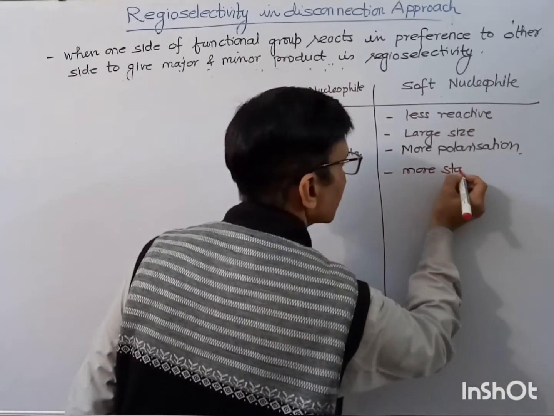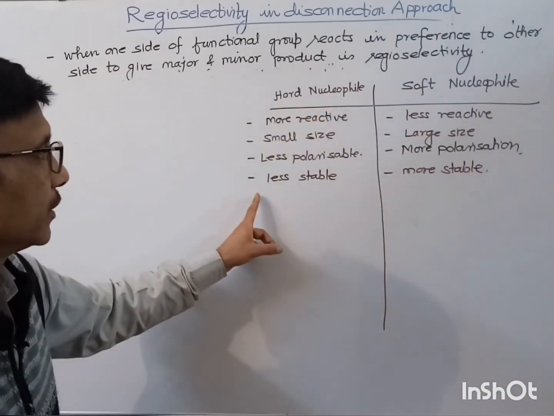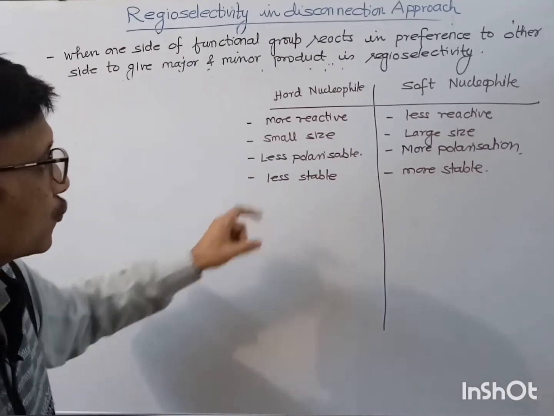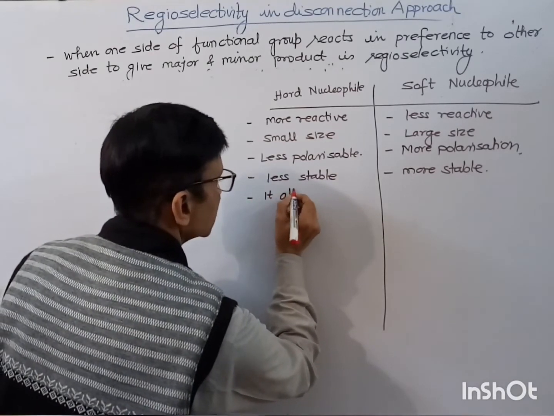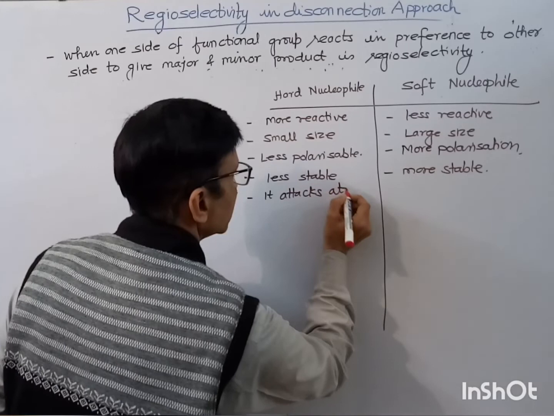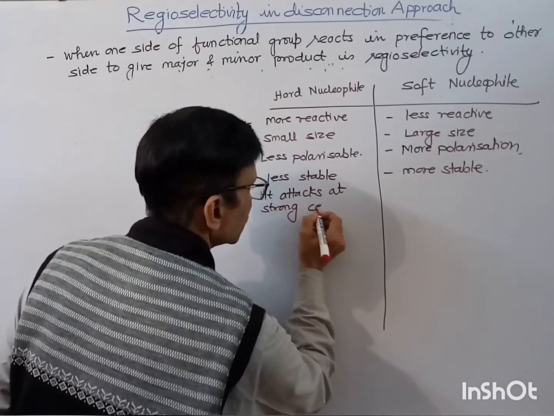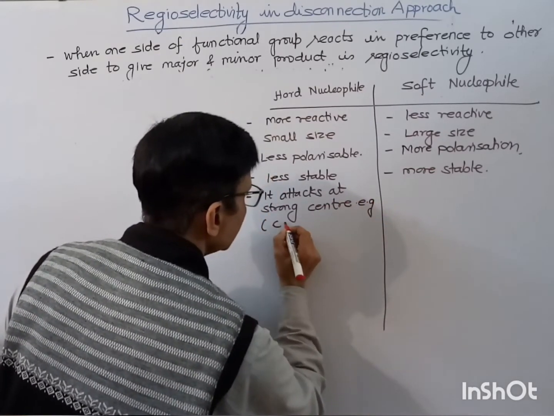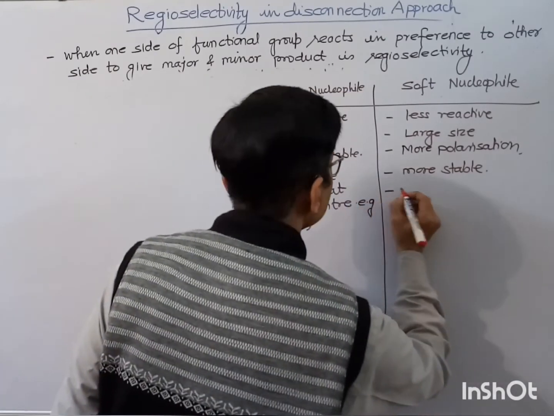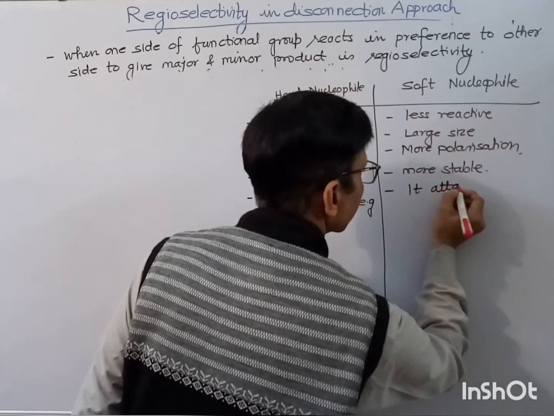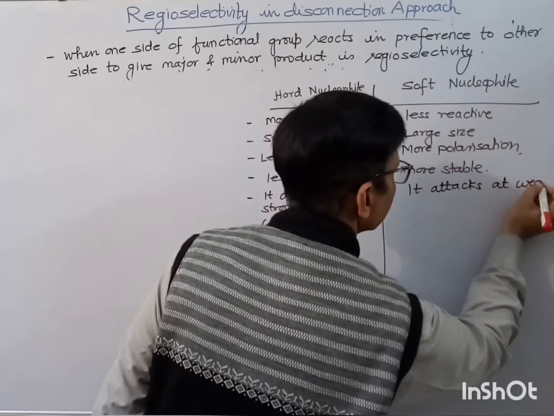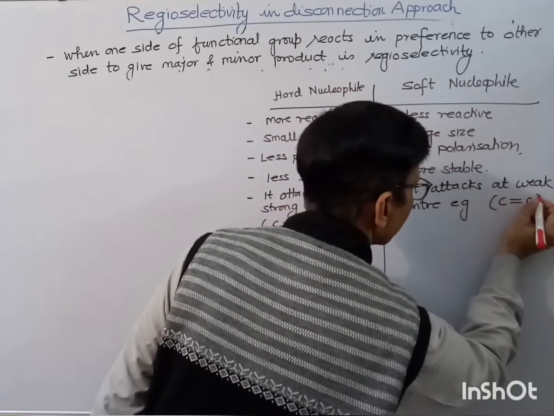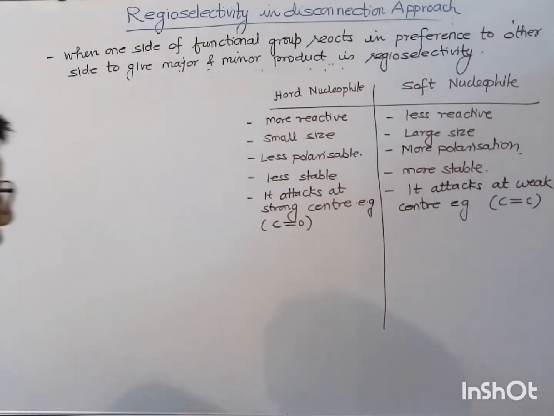So the hard nucleophile attacks at the strong center, for example the C=O center. The soft nucleophile attacks at the weaker center, for example, as you saw, C=C.